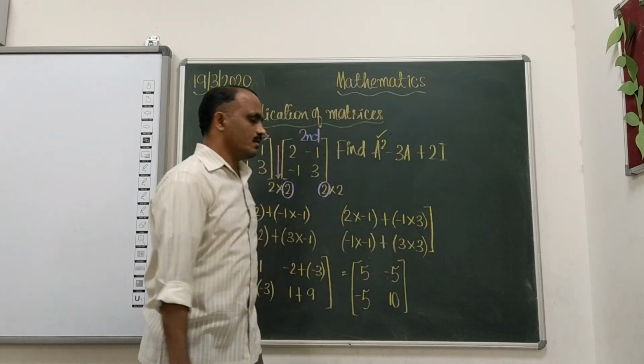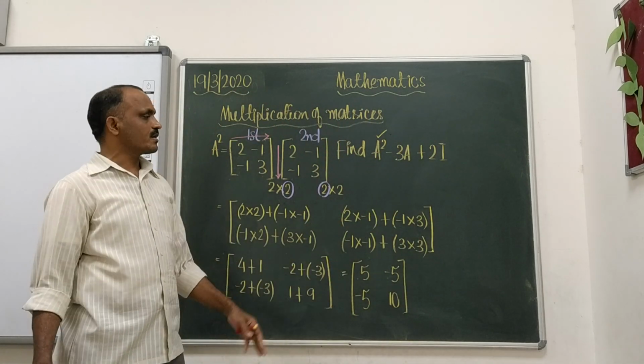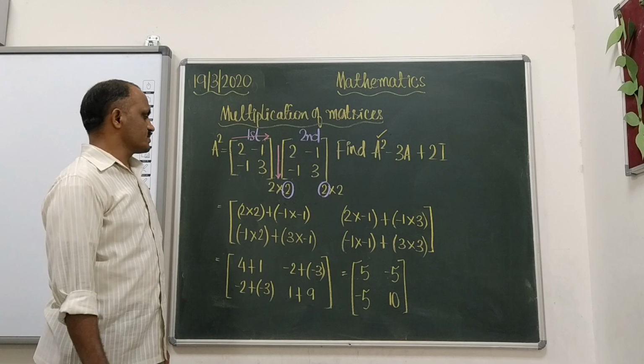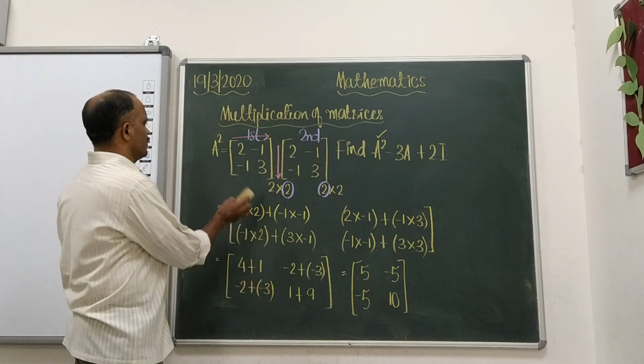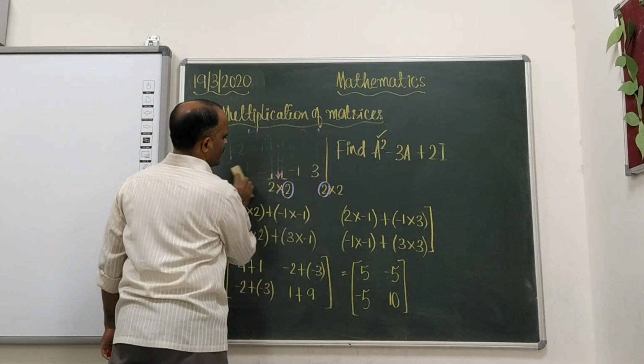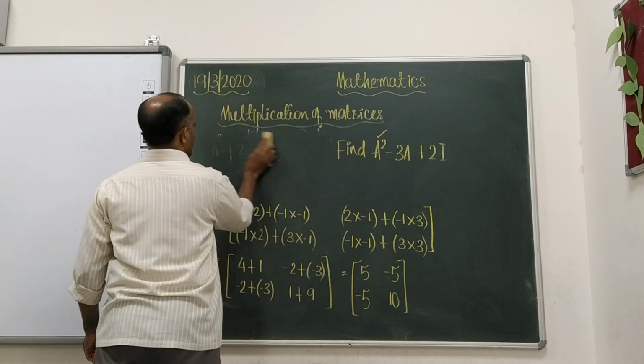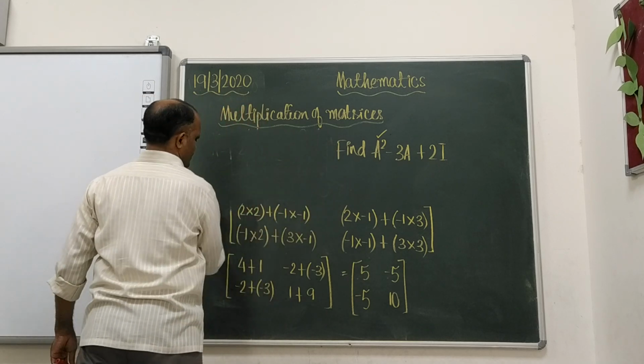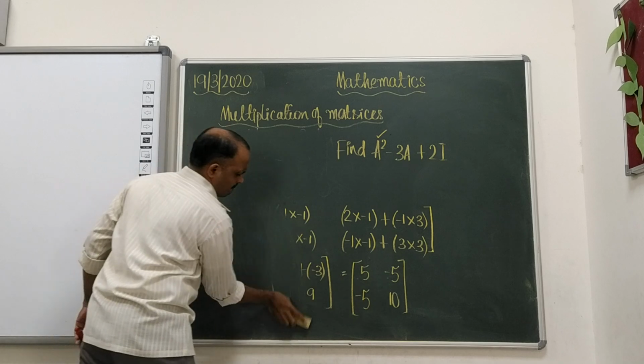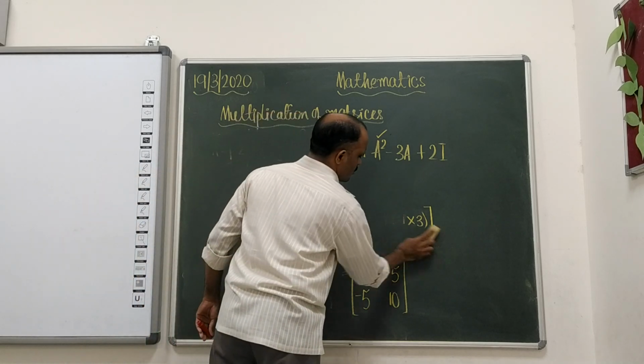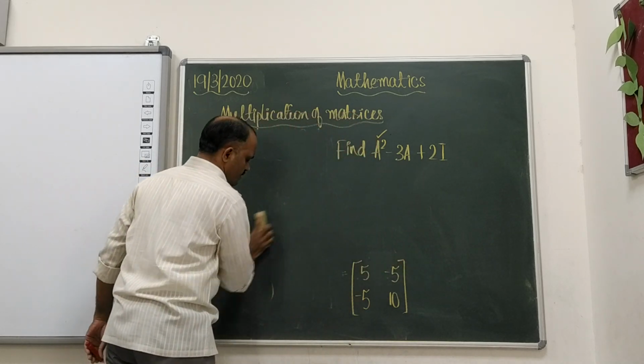Then 3A. In the last class you learned about scalar matrix multiplication. In algebra we write, suppose, 2x, where 2 is the coefficient for the variable x.